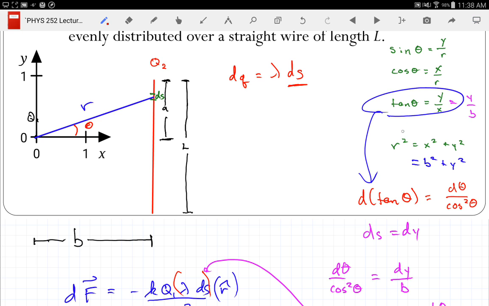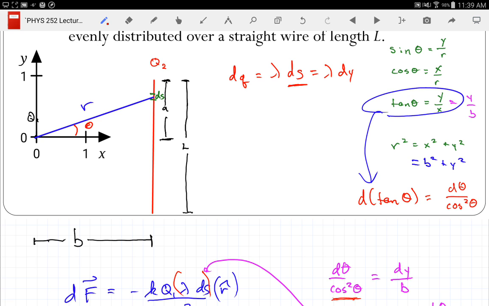And so the derivative of tangent theta is going to be, I'm going to erase that and just put it here. Since ds is dy is pretty obvious, just put it like that. If I do this derivative, d tangent theta is equal to d theta over cosine squared theta.